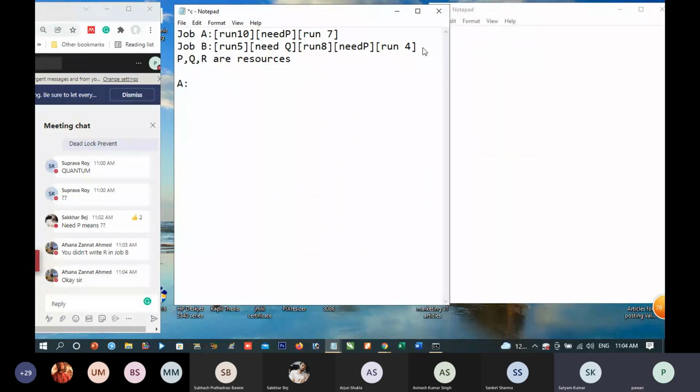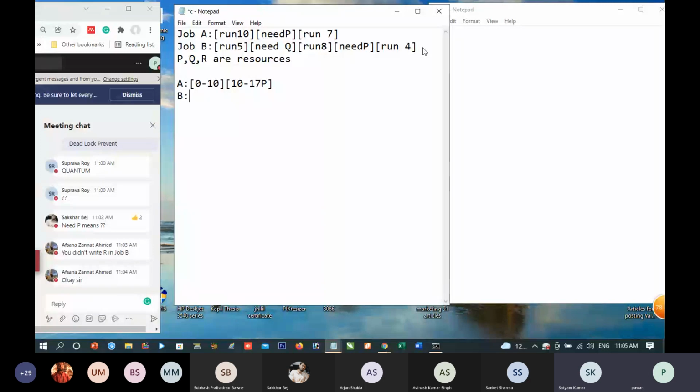Job A will run for 10 unit time, from 0 to 10. Then from 10 to 17, it will execute using P.